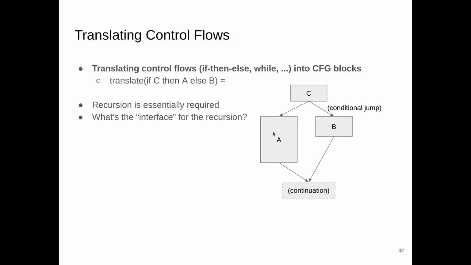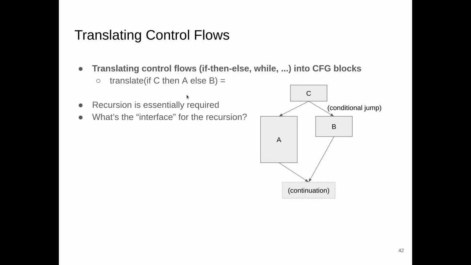In A, you are going to do what the statement A says, whatever logic is described in this statement A. And here, it is also translating the logic that is described in the block B. And after this if then else statement, you are going to jump to the continuation block.